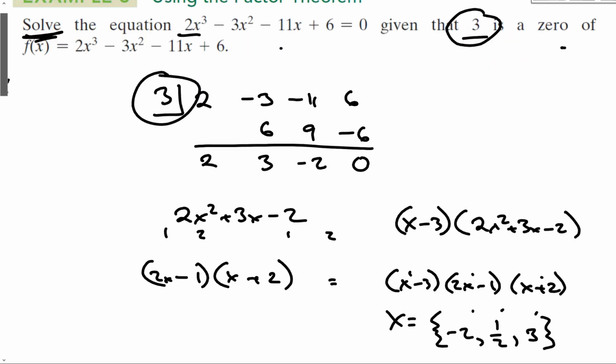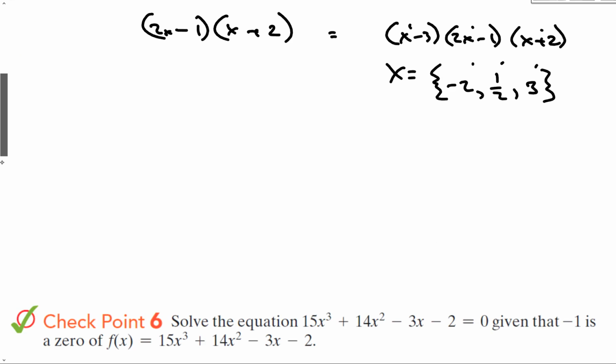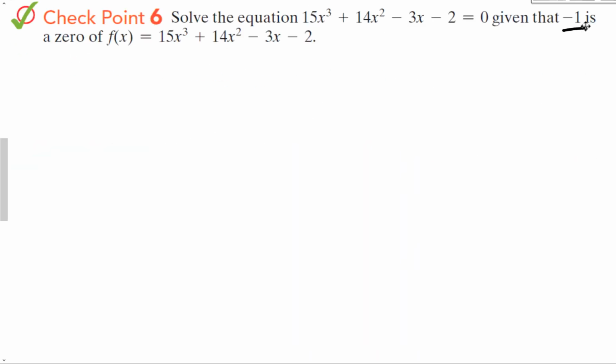So given that negative 1 is a 0, we can go like this. We can say 15, 14, minus 3, minus 2. Double check that I don't need any zeros. I don't.